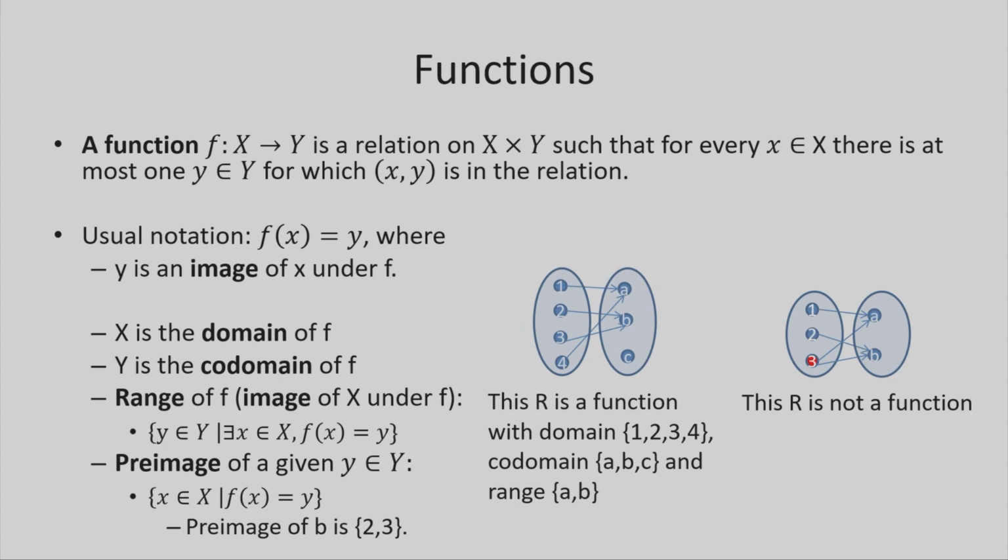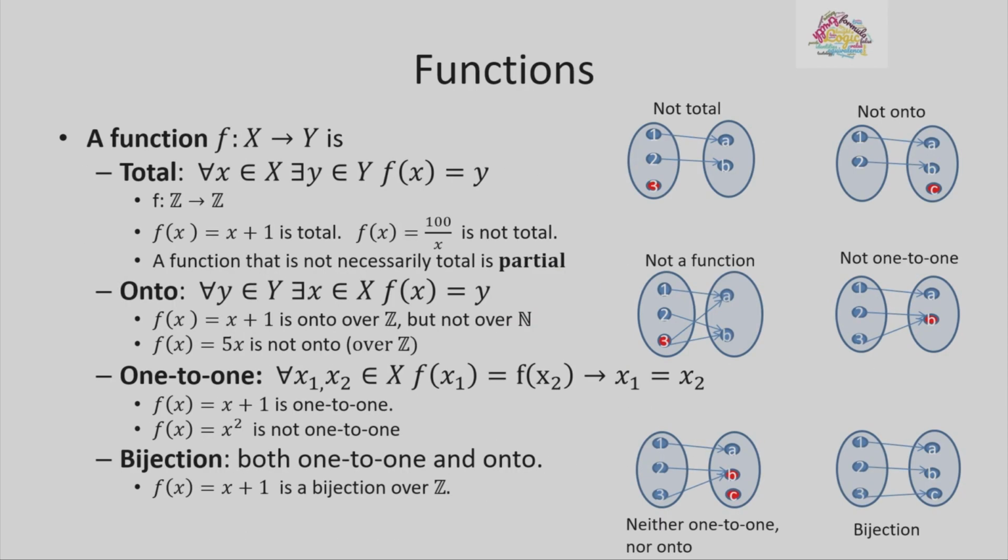So there are lots more definitions, and a lot of different types of functions. The ones that you are probably going to see most are the following. A function is total if everything on the left side maps to something on the right side.